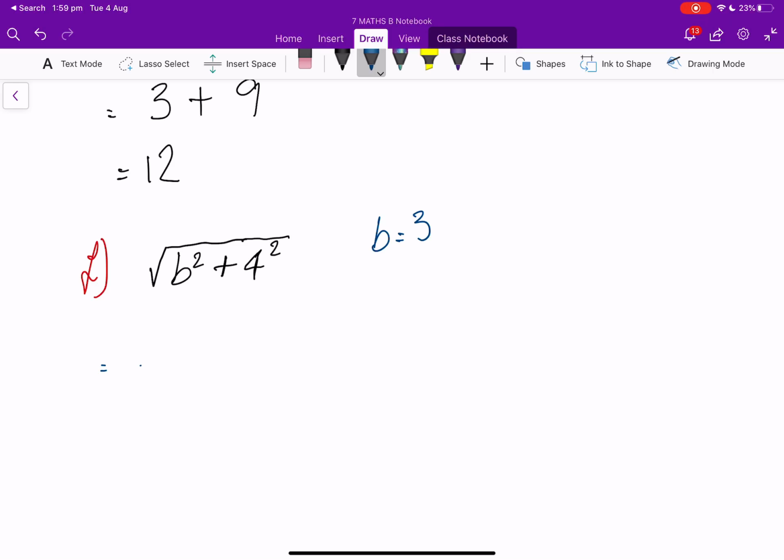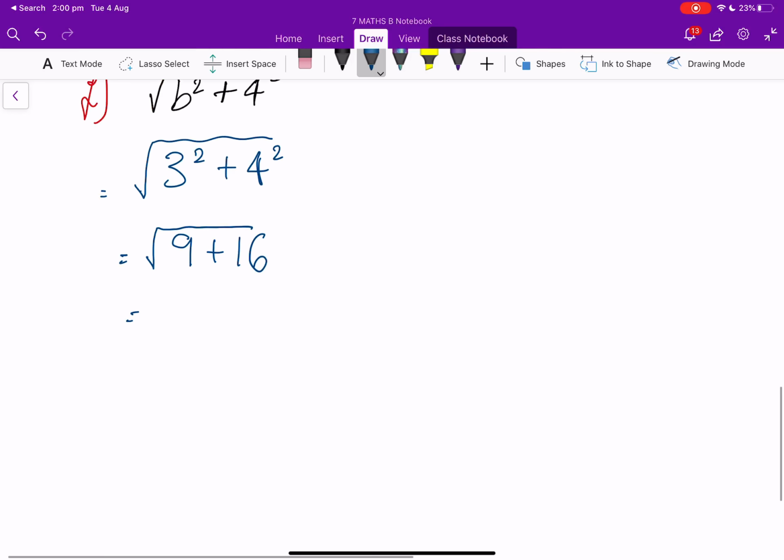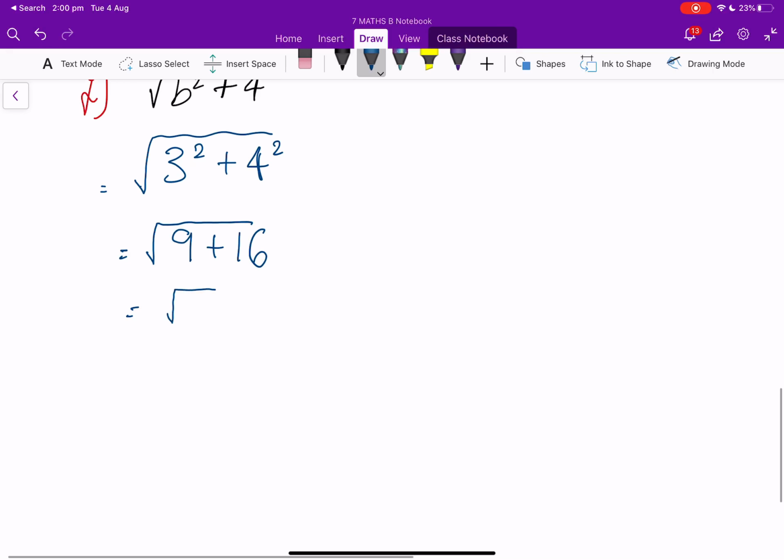So I'm going to write this all out. 3 squared plus 4 squared. 3 squared is 9 and 4 squared is 16. When you add 9 and 16 together, you get 25. The square root of 25 is 5 because 5 times 5 is 25. And that's your final answer.